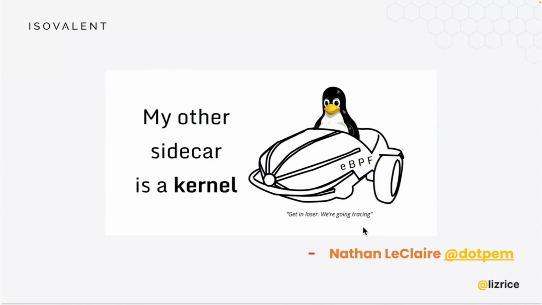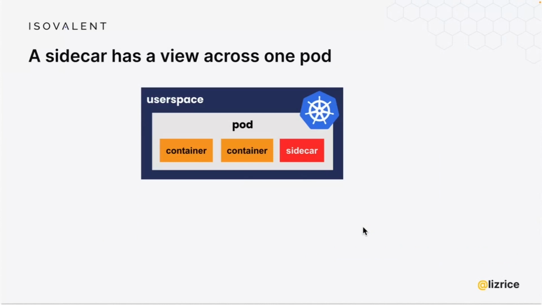A couple of years ago, Nathan Leclerc did this really nice little cartoon, which I think illustrates how eBPF is a more modern approach to instrumenting our applications than the sidecar model. So in the sidecar model, we inject our tooling into our application pods as a container.